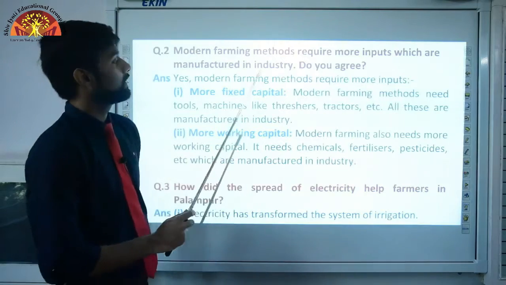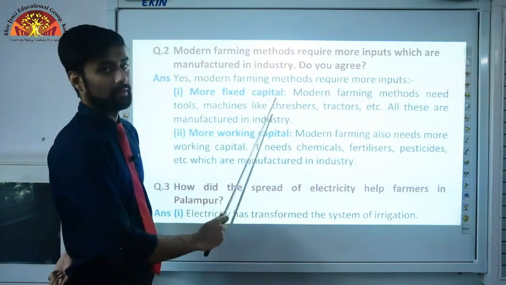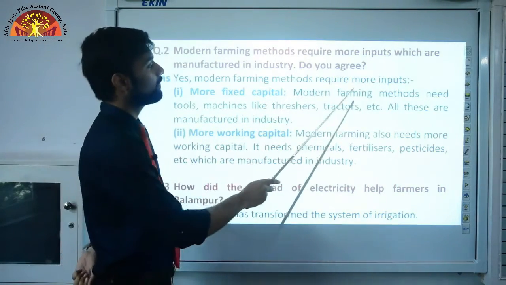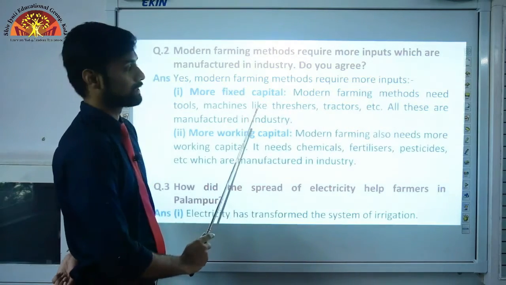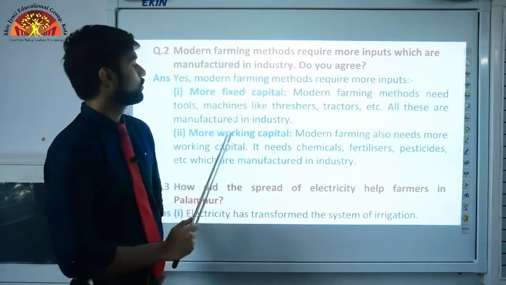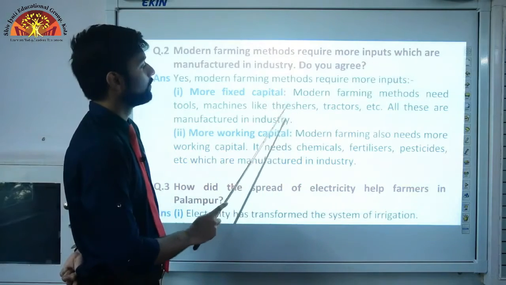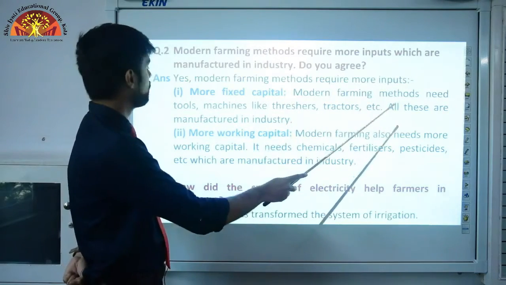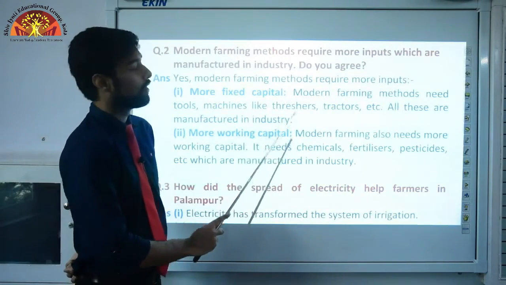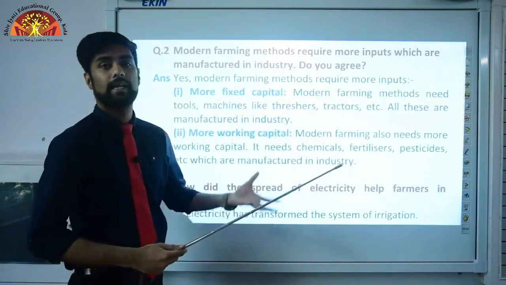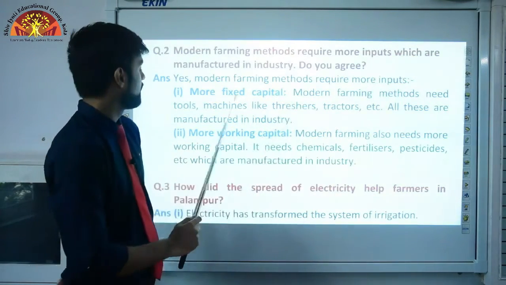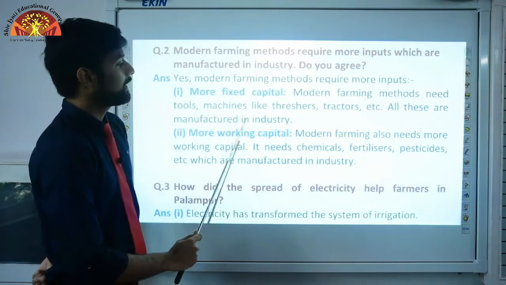How so? First of all, they require more fixed capital. What is fixed capital? Modern farming methods need tools and machines, which are threshers and tractors. All these are manufactured in industry. Where are tractors and threshers made? In industries, in factories, right? Second point, more working capital.